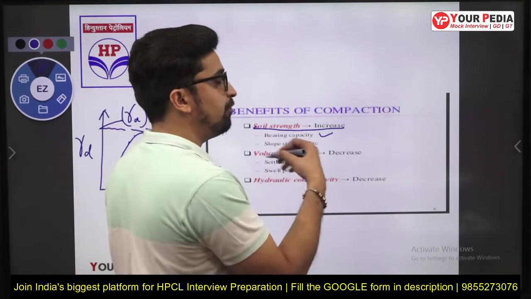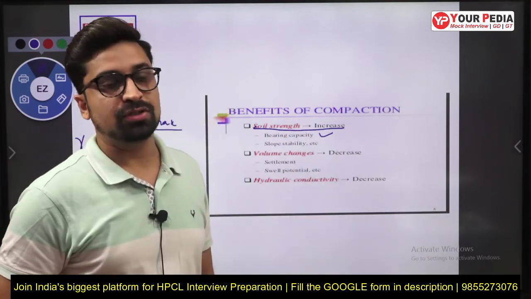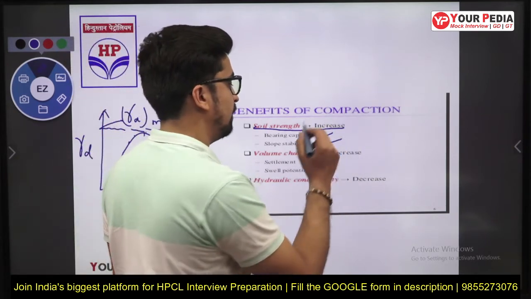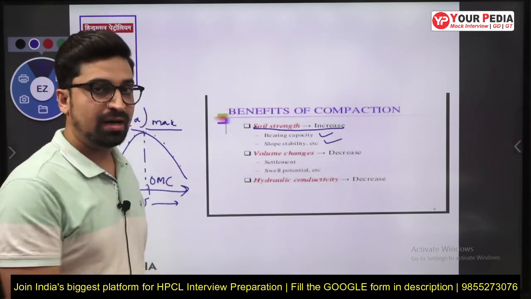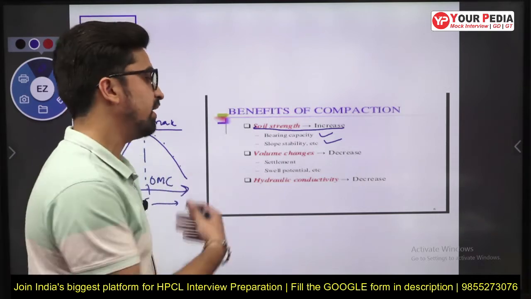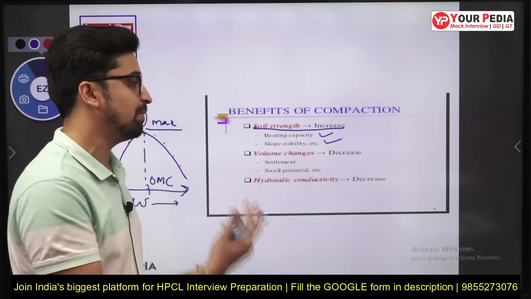Also, if we make slopes on that soil, the slope will have greater stability. So these are 2 points with respect to the strength of the soil: compaction increases bearing capacity as well as slope stability.